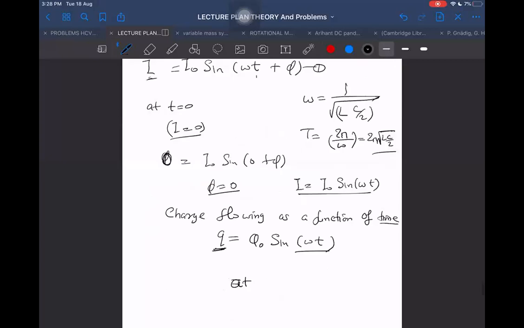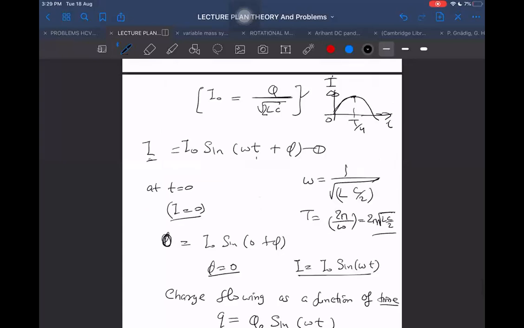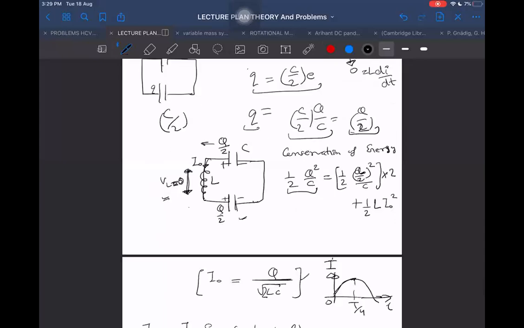After getting T/4, at t equal to T/4, what charge was flown? Did I get it before or not?